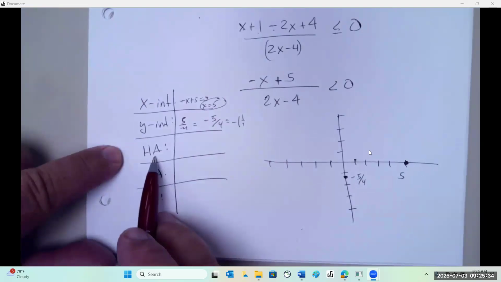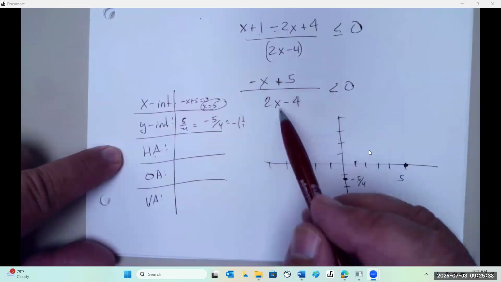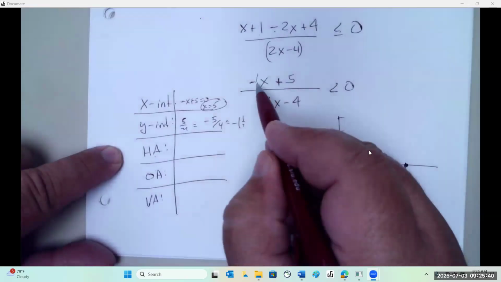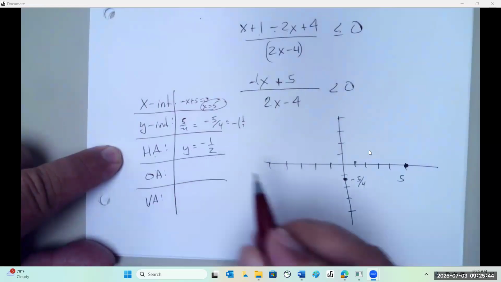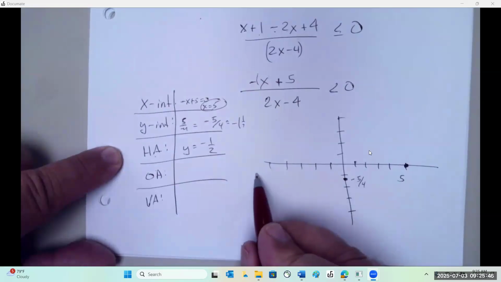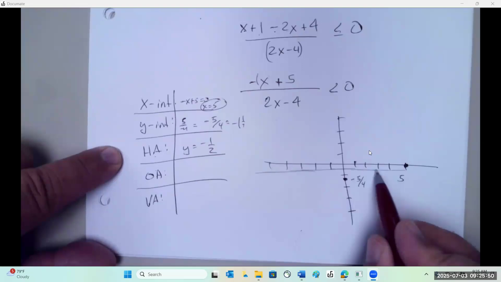Horizontal asymptote. Look at the leading coefficients. They're both the same degrees, so it's just the number in front. So it's -1 over 2, so it's -1/2. So the horizontal asymptote is at -1/2.